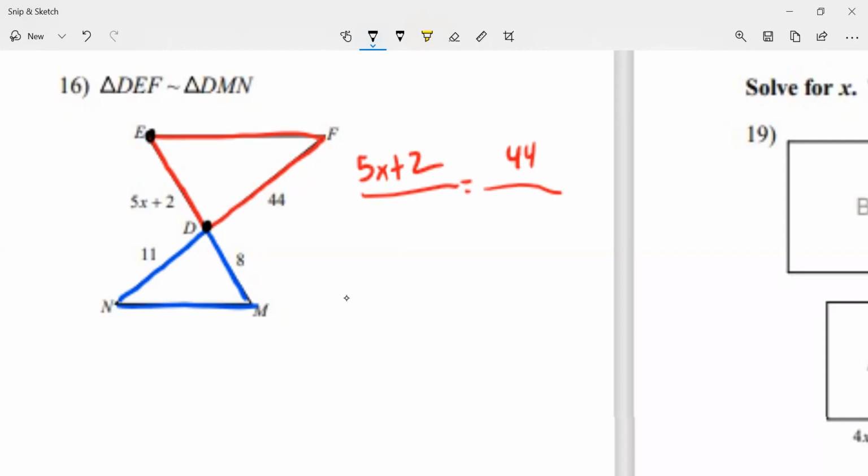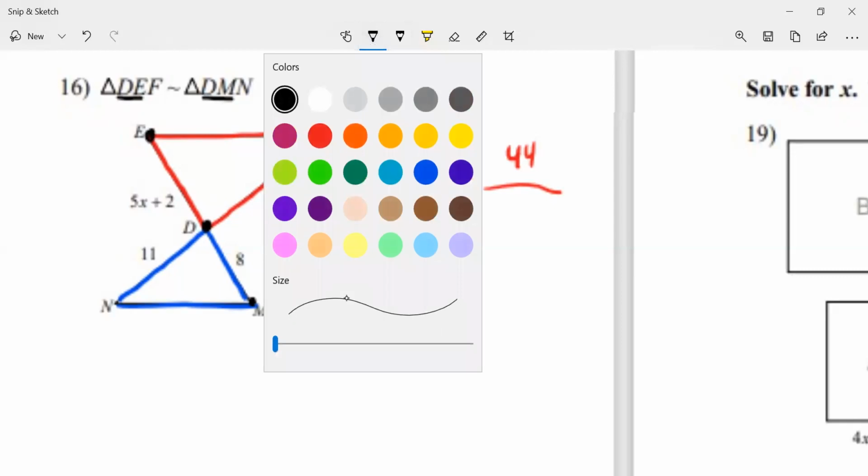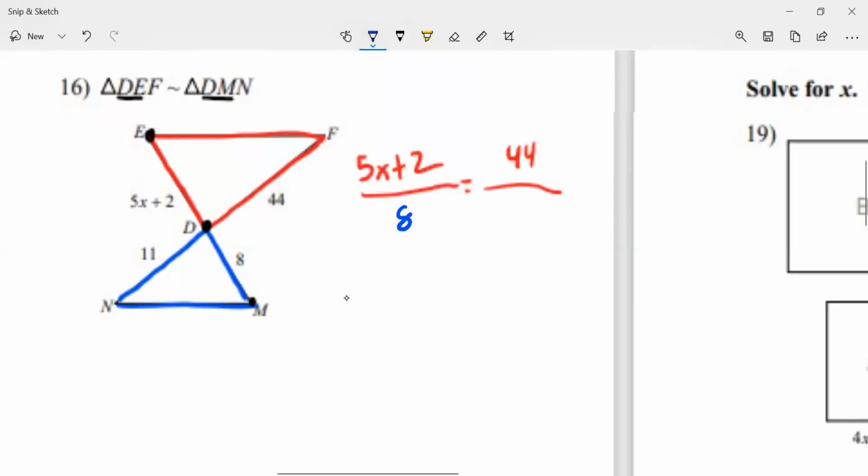That happens to be the first two letters of the first triangle, so that goes with DM, and that happens to be 8. So 5x plus 2 goes with 8, and 44 goes with 11.